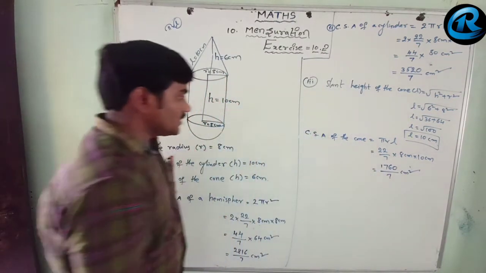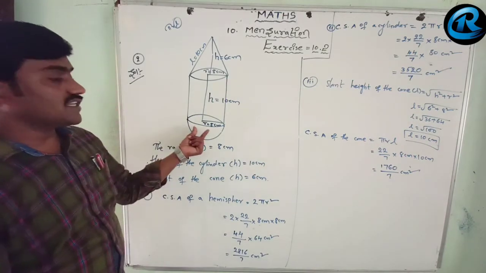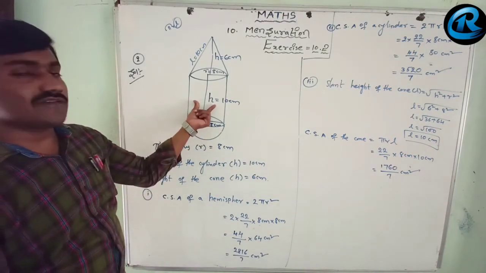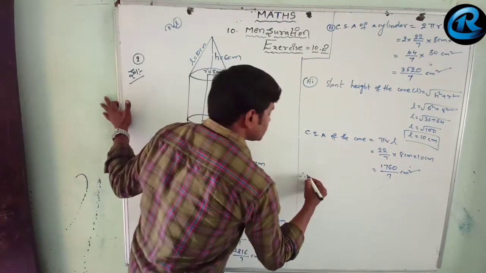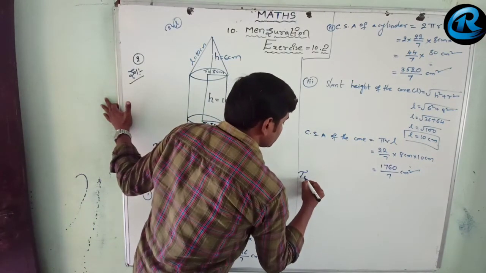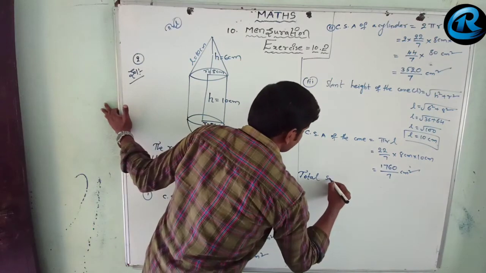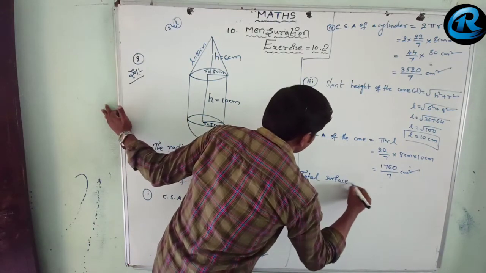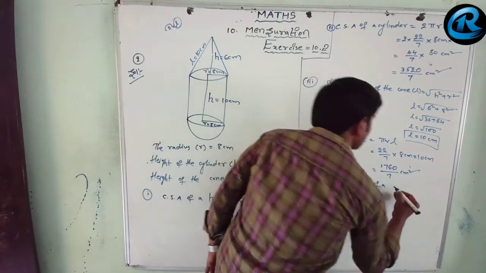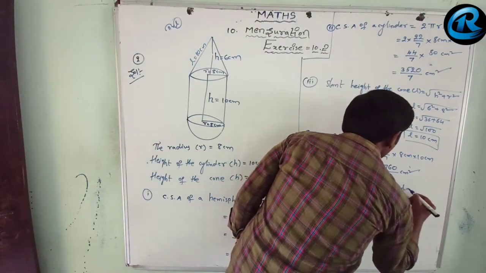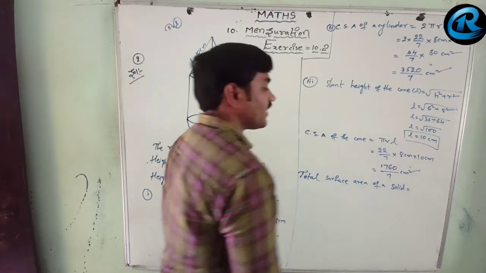Now we got all these: the curved surface area of hemisphere, curved surface area of a cylinder, curved surface area of the cone. Let us find out the total surface area. The total surface area of a solid is equal to, what we have to do?